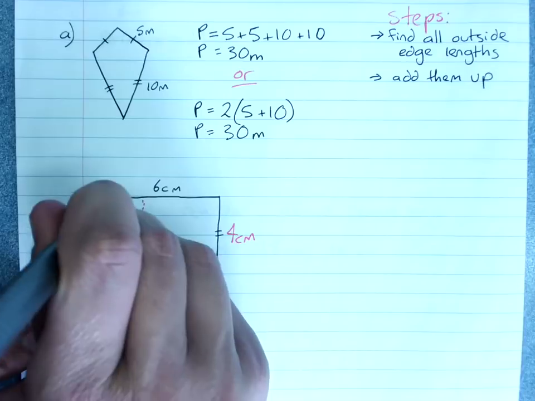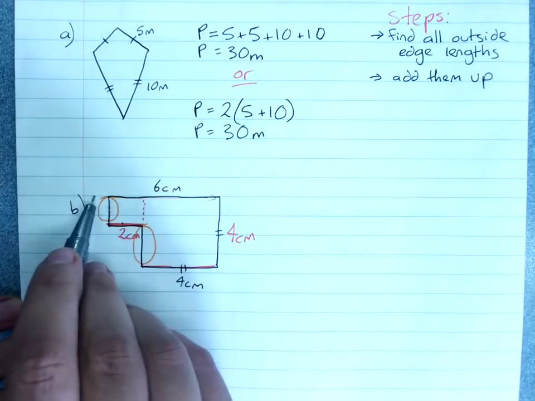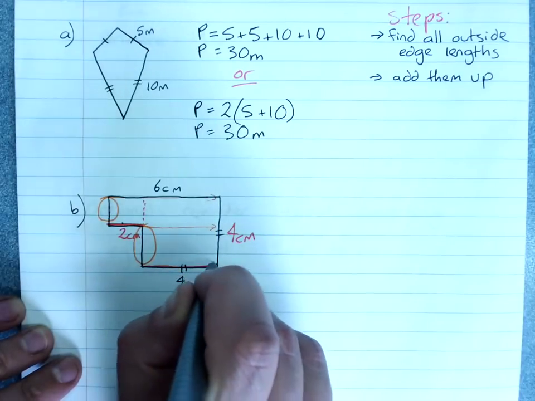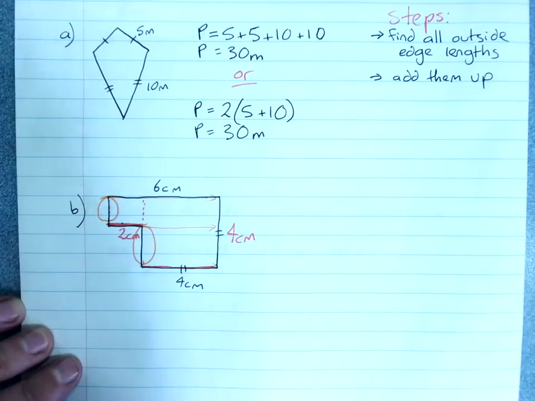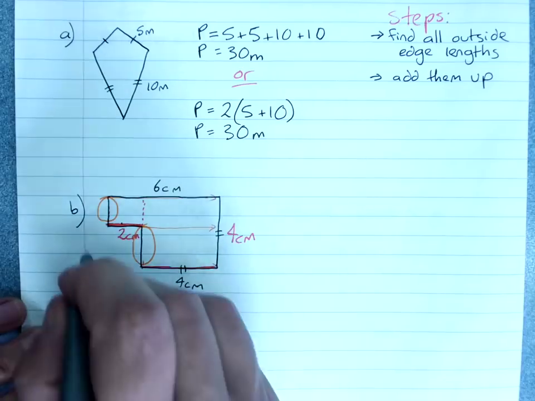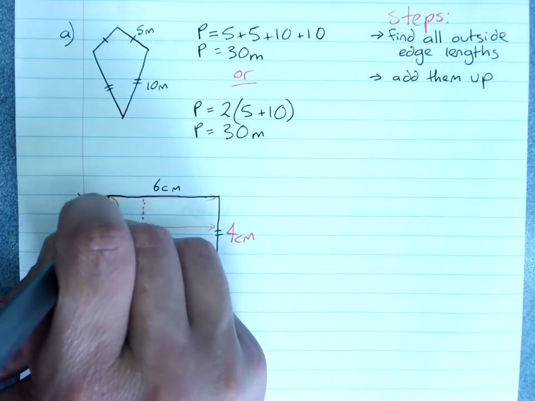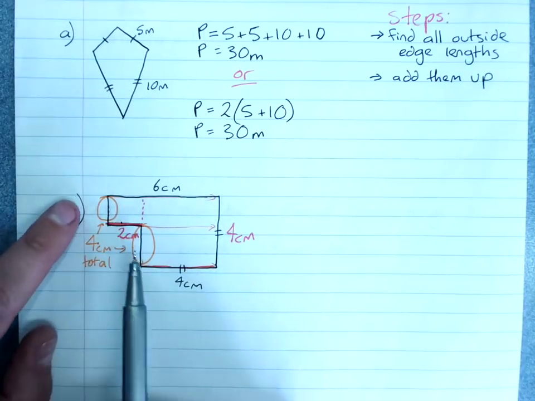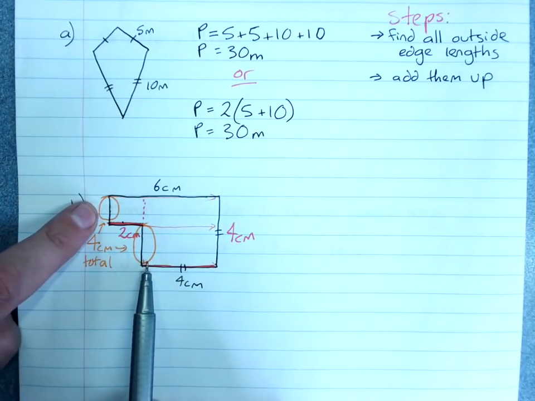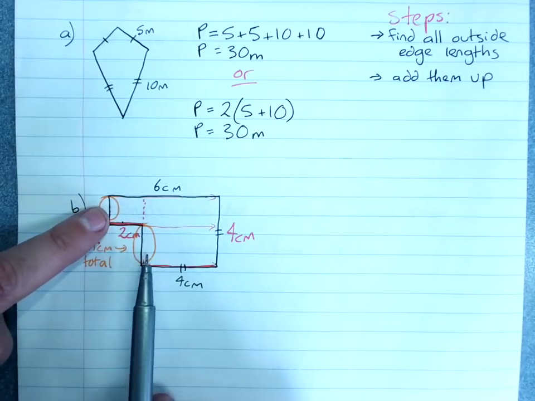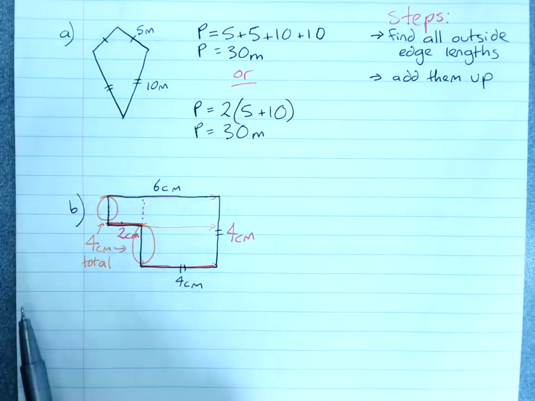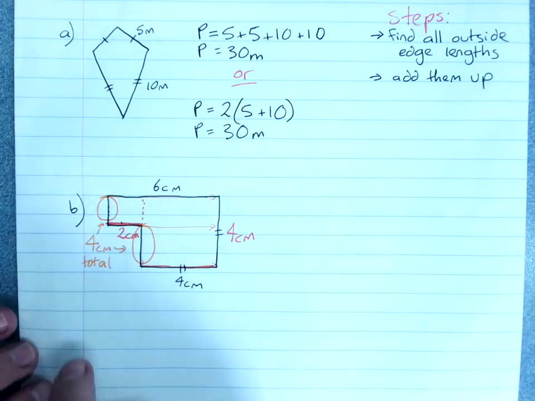But if I use the rule of following across to this one that they're parallel to, I know that this line and this line together must add up to 4. So it's 4 centimeters in total for those 2. I don't actually know if it's 1 and 3 or 2 and 2 or something else, but I do know between them it has to be 4. And since all I want to know is the distance around the outside, that's enough to get that.